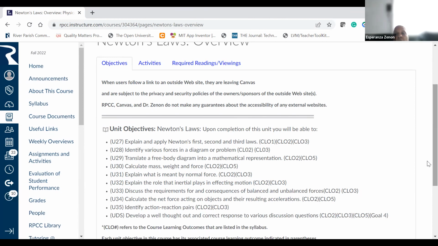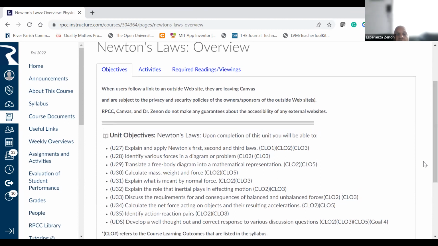Well, this week, we start looking at forces. And in order to do an adequate and decent coverage of forces, we need to understand Newton's laws, because Newton's laws explain how forces affect motion.